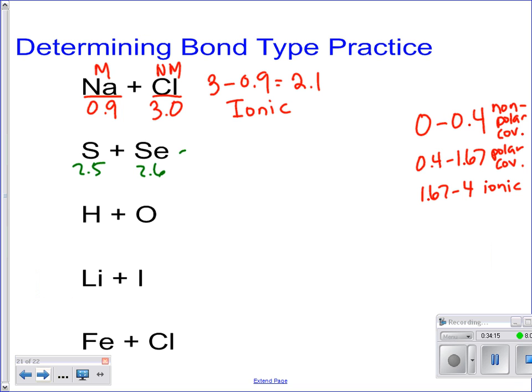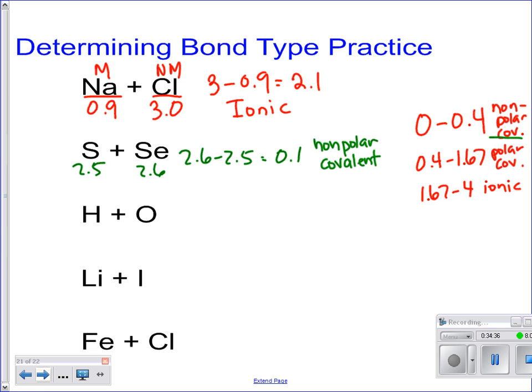So I'm going to go ahead and subtract the two, and that's going to give me 0.1. 0.1 tells me this is a nonpolar covalent bond. Because of that, it's going to share its electrons equally between the sulfur and the selenium. It's going to share them.